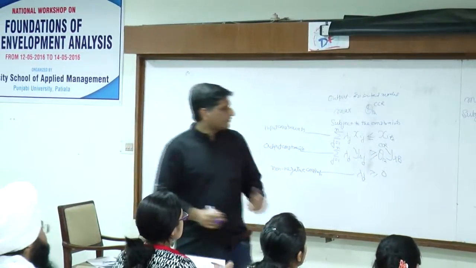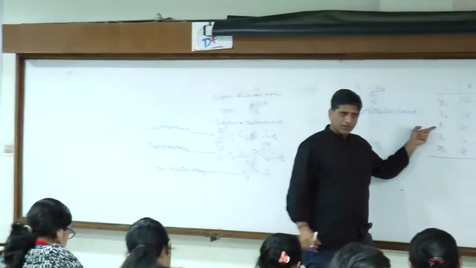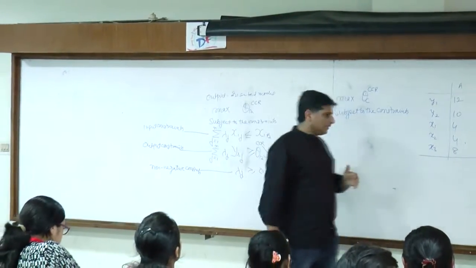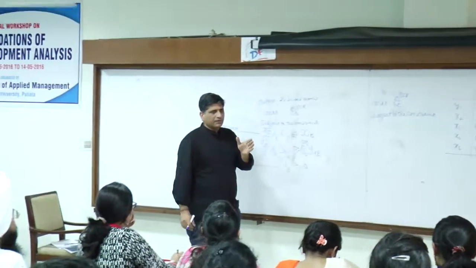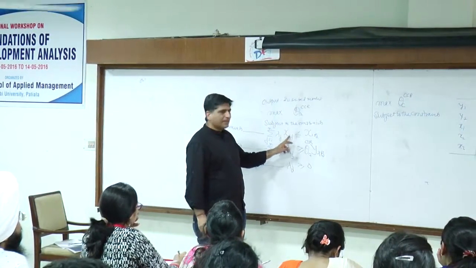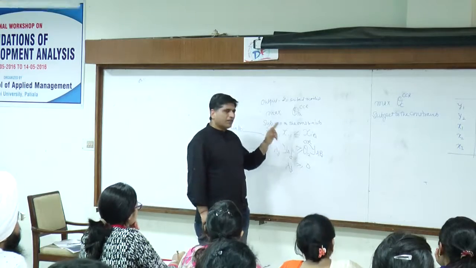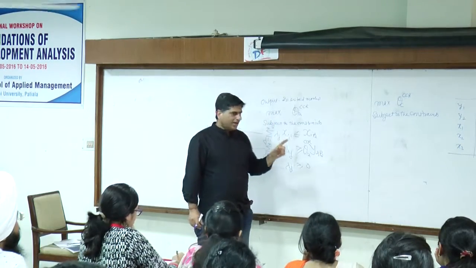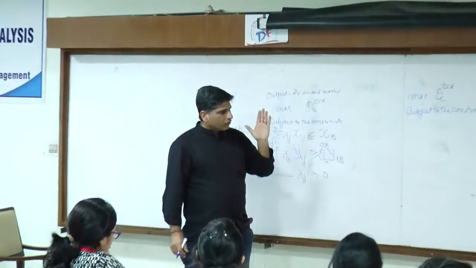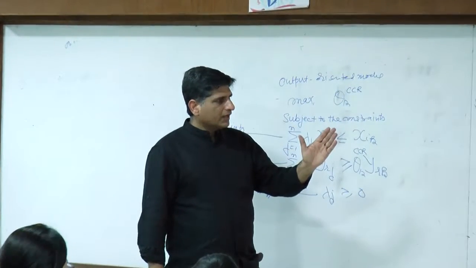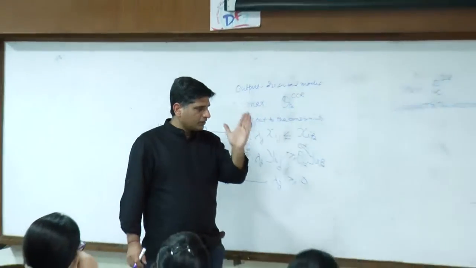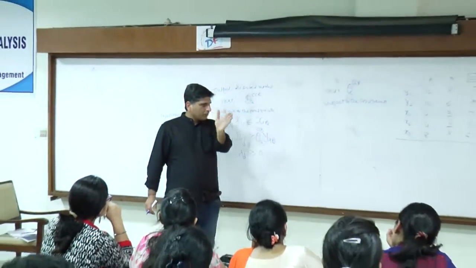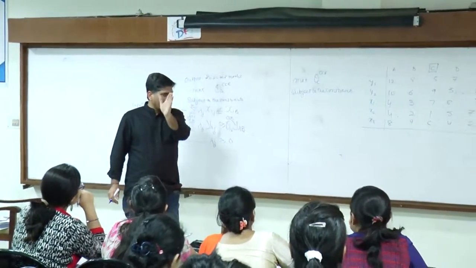First input I will pick, this is x1. Please note that it is the sum of lambda j x i j. This means if I take i equal to 1, j from 1 to 5, it is the first input by the first firm, first input by the second firm, third firm, fourth firm, and fifth firm.